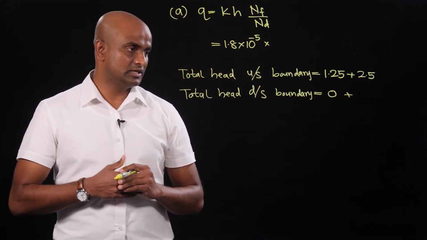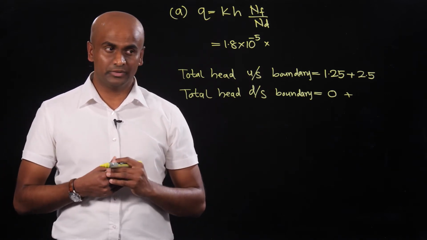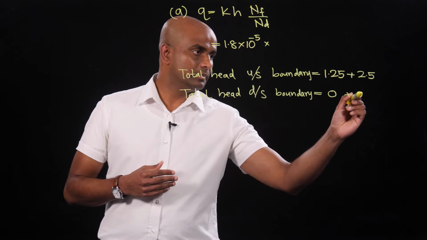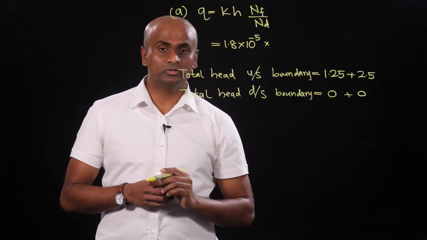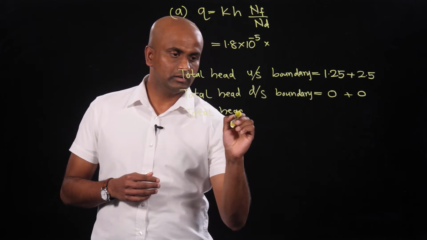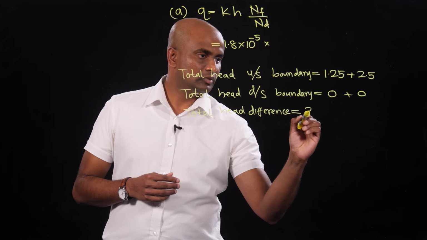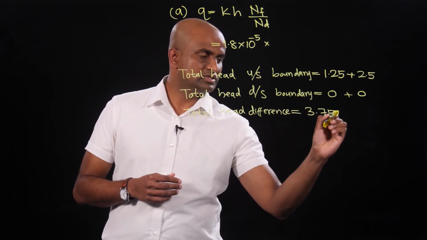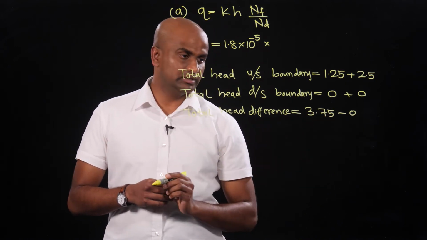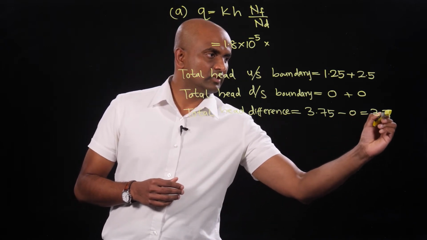You can see that we assume the datum as the excavation base, which is the downstream boundary. Therefore your elevation head is also 0. Therefore the total head difference will be 3.75 at the upstream boundary minus 0 at the downstream boundary, which will be 3.75 meter.